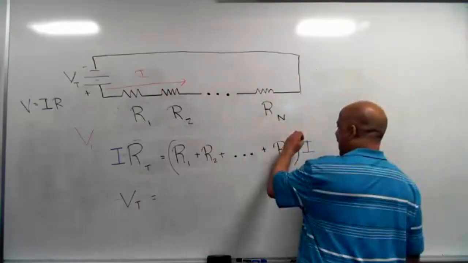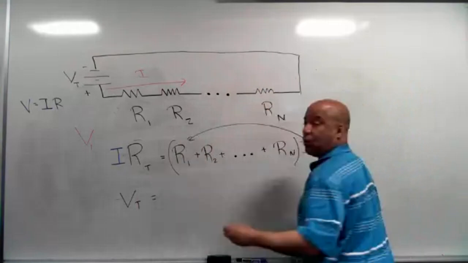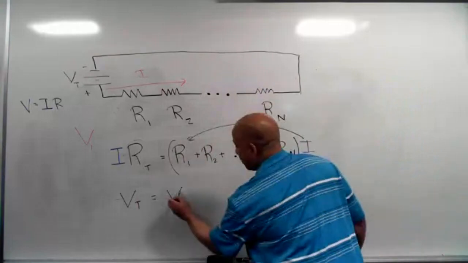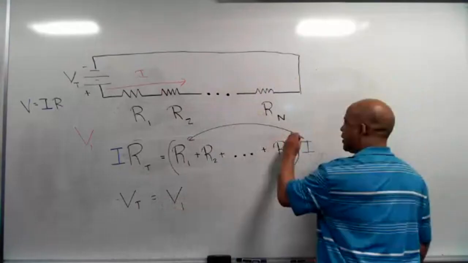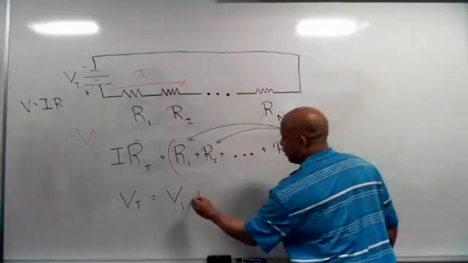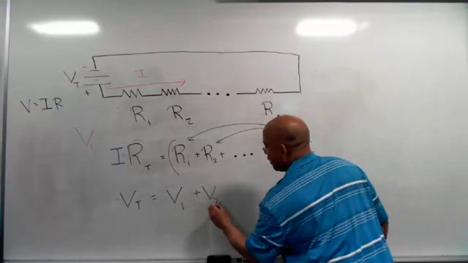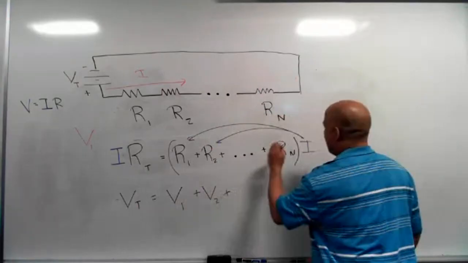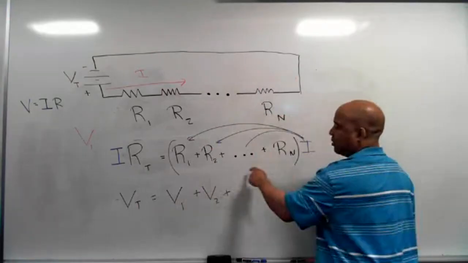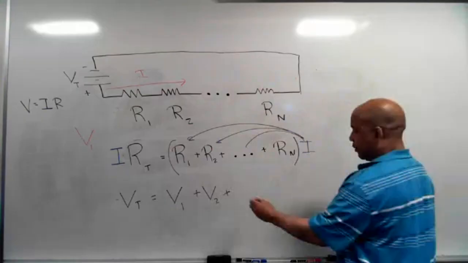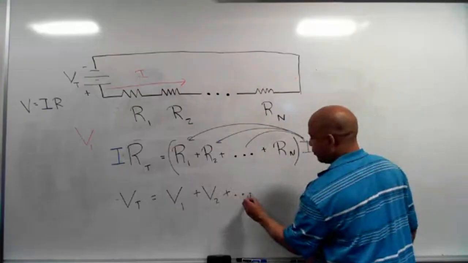So when I multiply this I times that R1, I get a voltage drop I'm going to call V1. I'll do this times R2, I get a voltage drop, V2. Plus, I'll multiply this times all those resistors in the middle that we're not showing, so I'll show that down here with 3 dots.